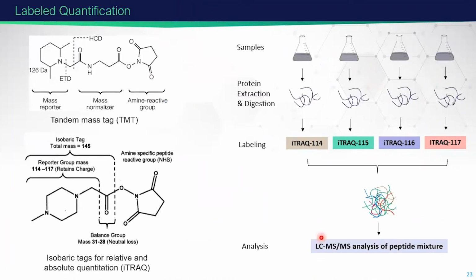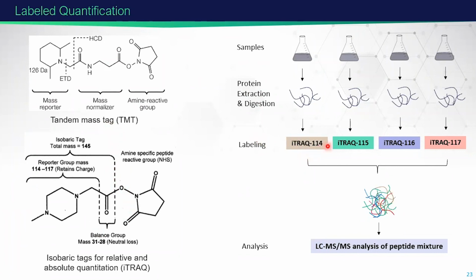The method I just introduced is called label-free quantification, so we don't have any labeling done in the sample preparation. Another way to get better accuracy in quantification is to label your peptides. After you digest your peptides, you can label them with different tags. There are multiple companies selling those tags.